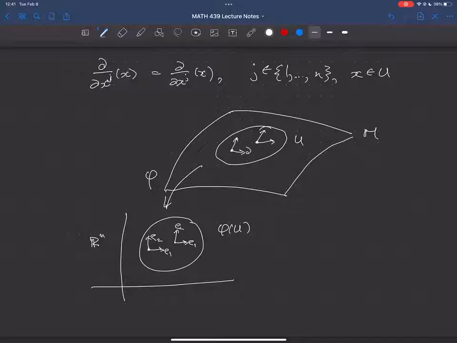So this will be maybe d by dx1 and d by dx2, d by dx1 and d by dx2. All right, and so you'll notice that here I've sort of drawn these as orthogonal, and that makes perfect sense because here I'm down in Rn, and Rn has an inner product, and these things form an orthogonal basis with respect to the standard inner product.